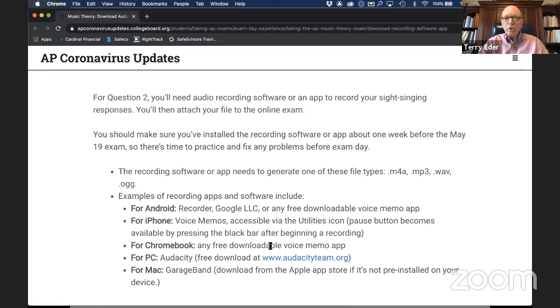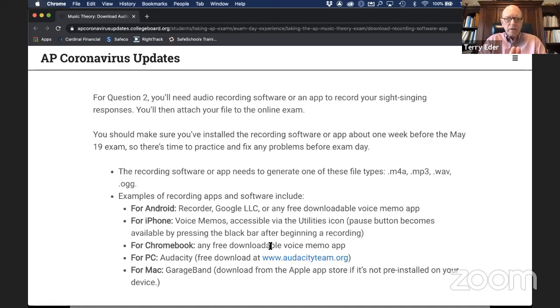You'll then attach your file to the online exam. Now, I know you young people, you students probably know how to do this better than I do, because you're putting photos on Facebook and Instagram and all of these ways. But here's the thing that you've got to do. You've got to figure out now what recording software you're going to use.